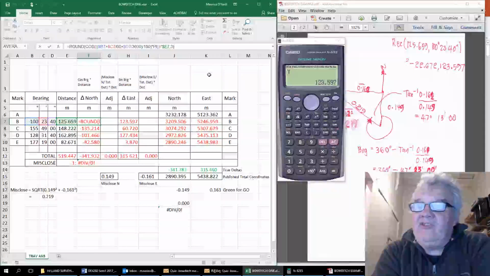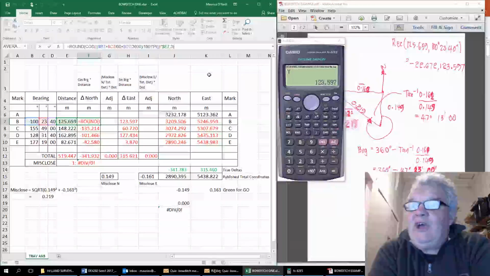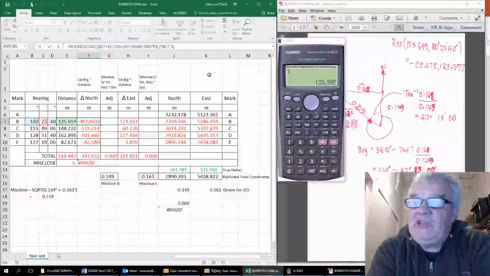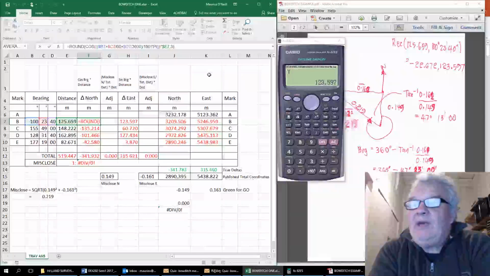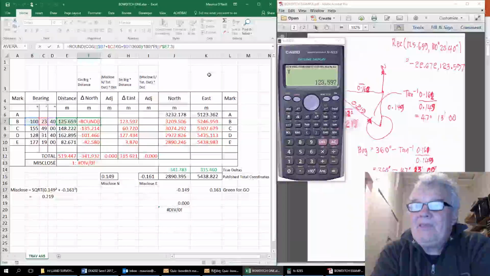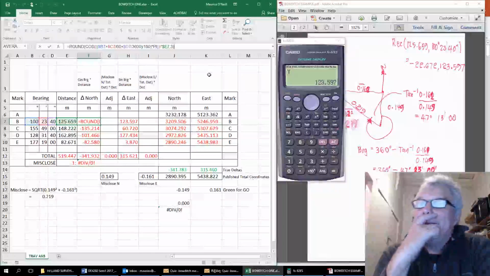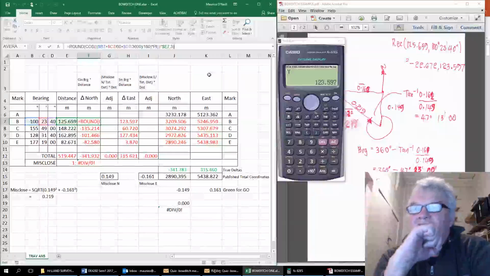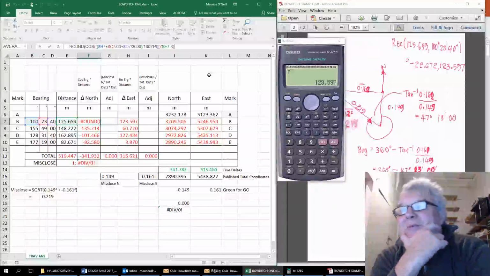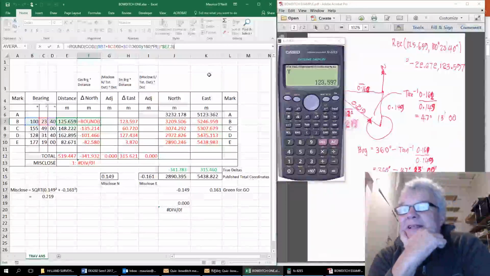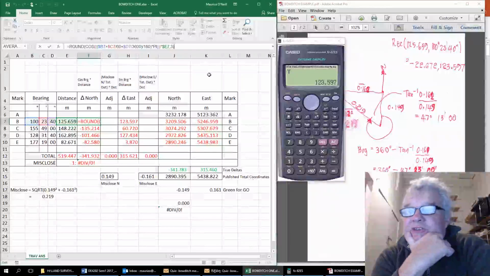Then I divide that by 180 degrees and multiply it by pi to make it radians. Okay, so I take the cosine, decimal degrees, divide by 180, multiply by pi, and then multiply it by the distance.